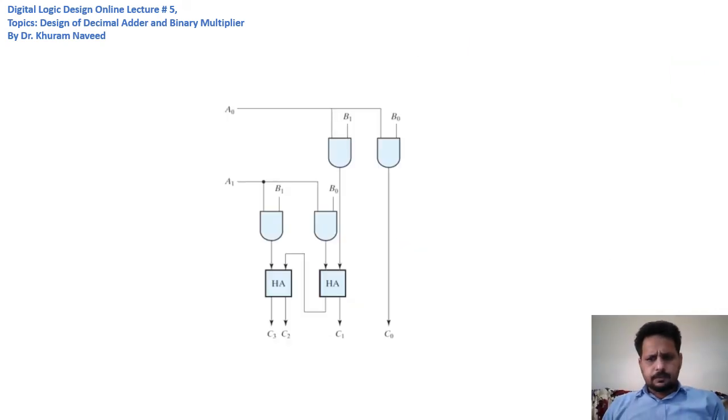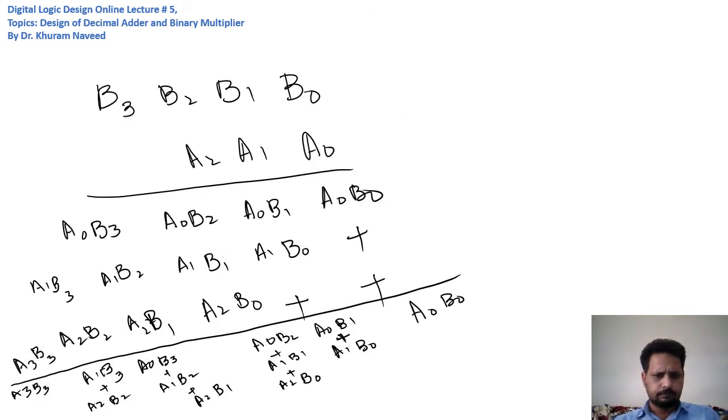Okay, so this is a more clean and neat drawing of the 2-bit binary multiplier. Now we move to the design of a 4 by 3 bit multiplier. This is how multiplication of 4 by 3 bit binary numbers unfolds.